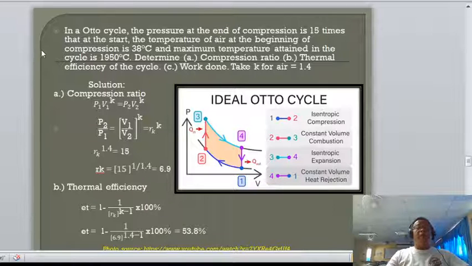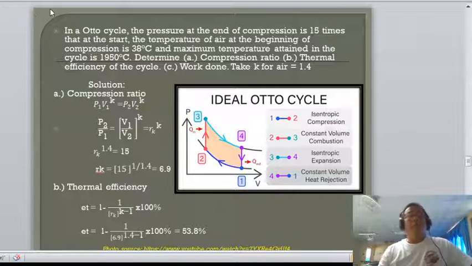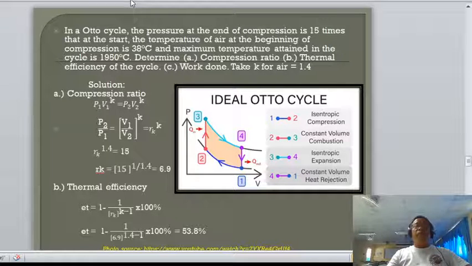Okay, so let us now consider this problem. In an Otto cycle, the pressure at the end of compression is 15 times that at the start. The temperature of air at the beginning of compression is 38 degrees Celsius, and the maximum temperature attained in the cycle is 1950 degrees Celsius.